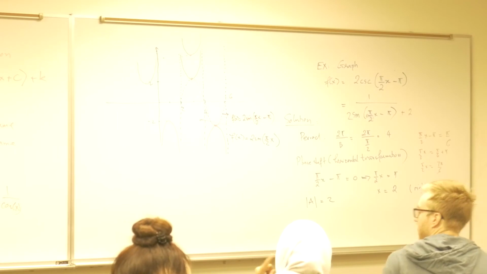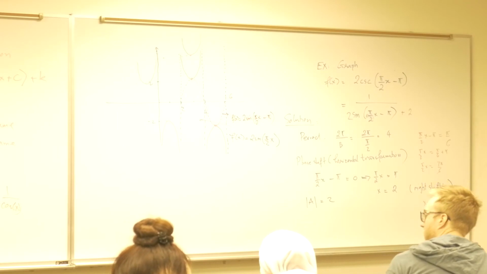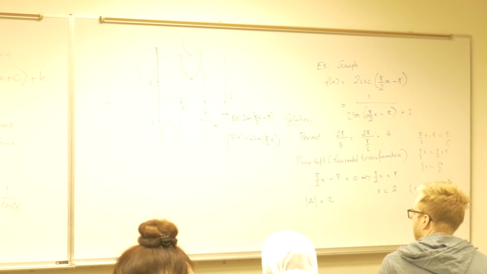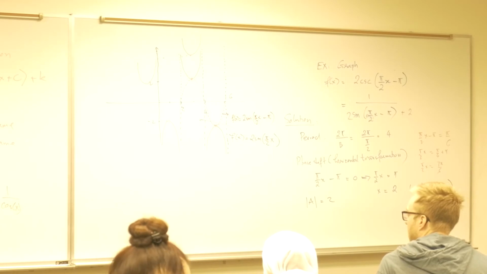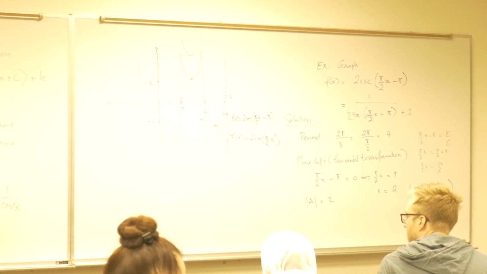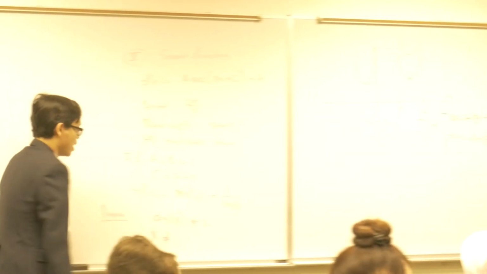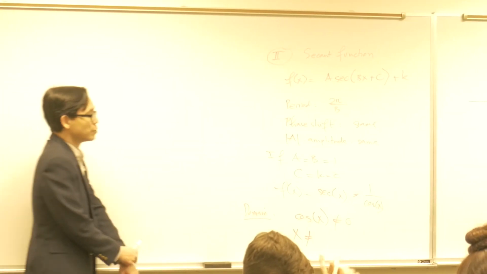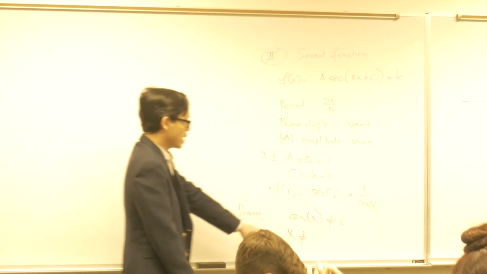Because if the cosine of x is equal to 0, the function is undefined. If 1 is divided by 0, it's undefined. So cosine of x must be different from 0, and we need to find all the values of x so that cosine of x equals 0, or the values of x so that the function is undefined.